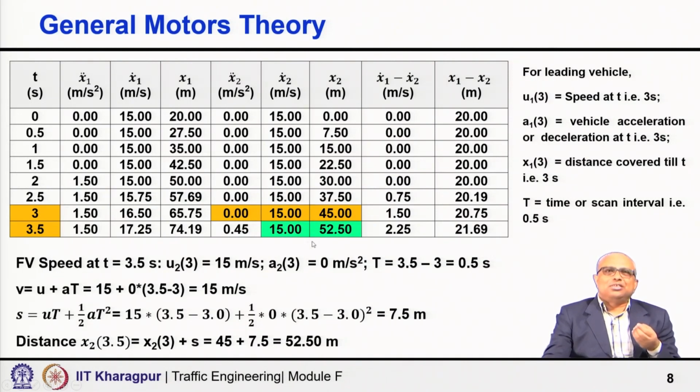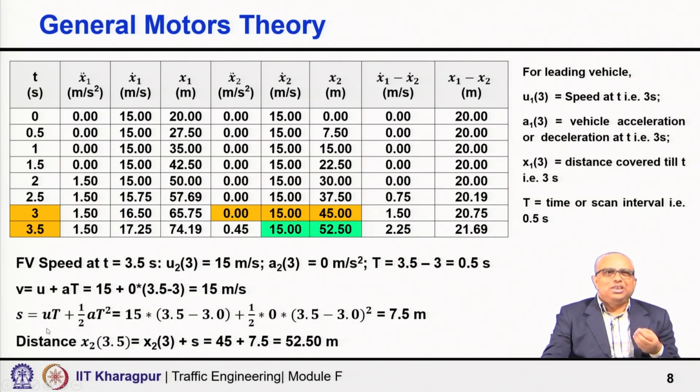Let us take that both we are trying to calculate at 3.5. Again the basic equation is v equal to u plus a t, and simply you can get this value. At 3.5 means a 0.5 second interval, that is the scan interval. So, we will take the u value and a value at t equal to 3 seconds, and obviously delta t, capital T, is again 0.5 second, that is the scan interval.